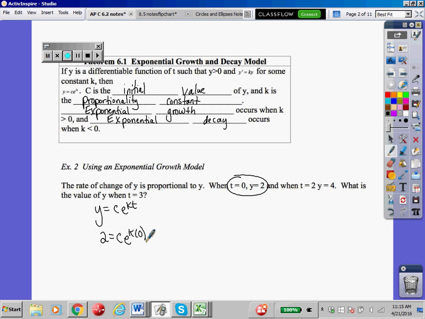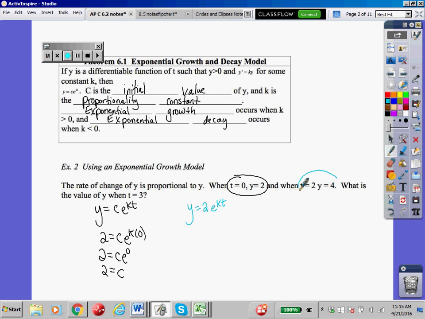Okay, with my first ordered pair, if you get t is 0, that's super helpful. This is 2 equals ce to the 0, but what is e to the 0 power? 1. So c is 2. So now I've got y equals 2e to the kt power.